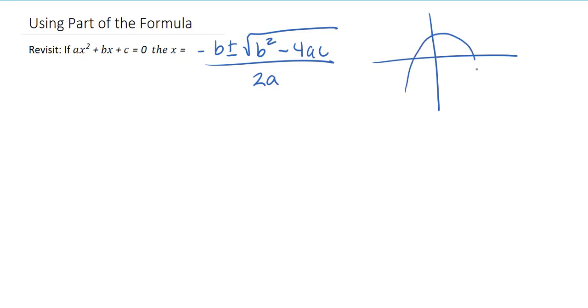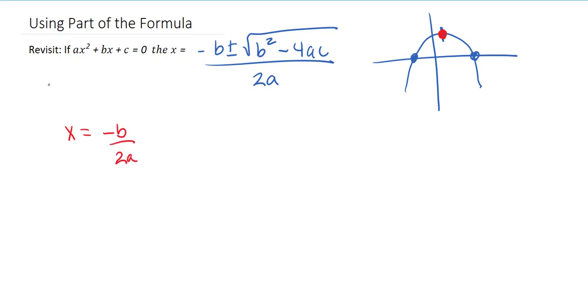Now, what happens if we don't want to solve, right? So say what we're solving for are these 2 points when y is equal to 0. What if by chance we want to solve for this point right here at the very top? How would we solve that, which is our axis of symmetry for the x value? So x is actually equal to negative b over 2a.